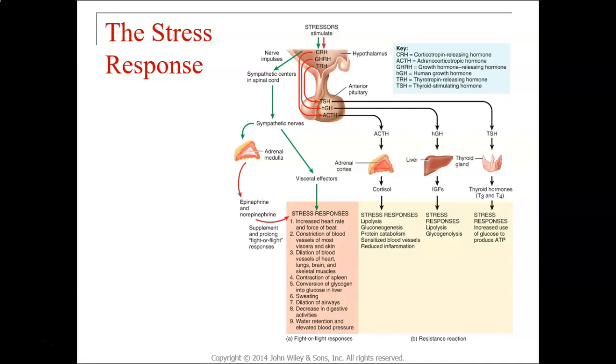is stimulated from cortisol. The problem with that is if we break down fats and if we release more fatty acids into the blood, if we release more glucose into the blood, that sounds great. I just burned a bunch of fats, but the problem is if I just dumped a bunch of glucose into the blood, what if I didn't need all of that additional glucose? If I didn't need all of that additional glucose, what hormone is then going to elevate?